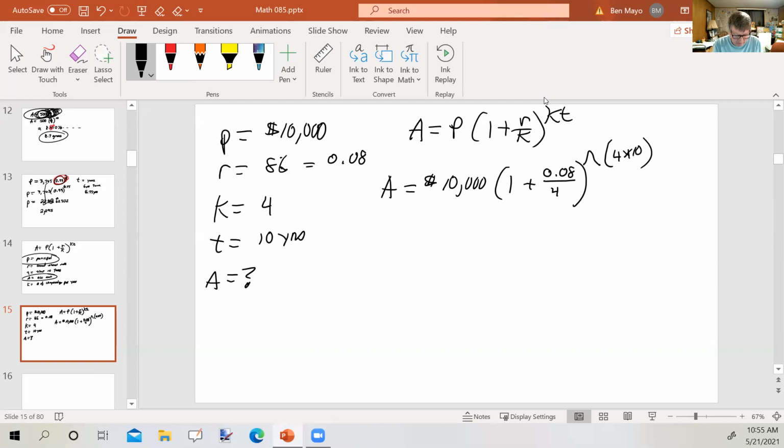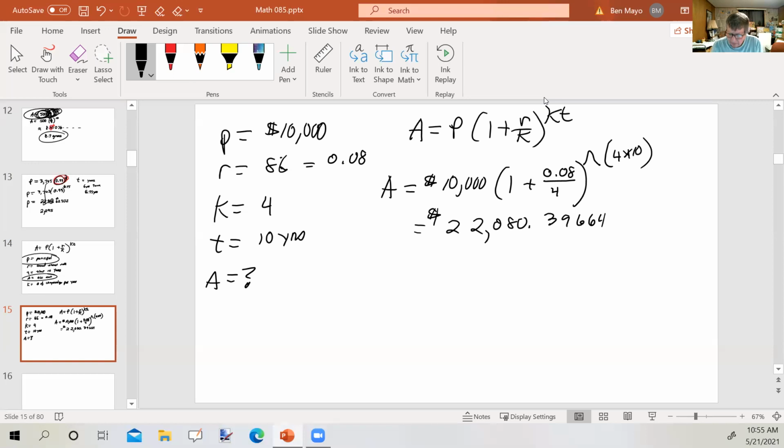So what would I do? I go 10,000 parentheses 1 plus 0.08 divided by 4, close parentheses, then the little caret power key, parentheses 4 times 10, close parentheses. When I do all of that, I get 22080.39664.